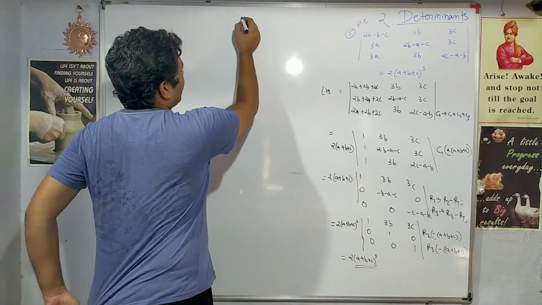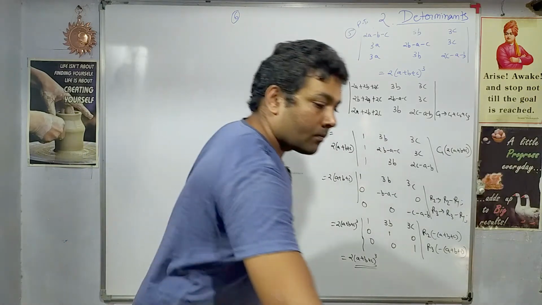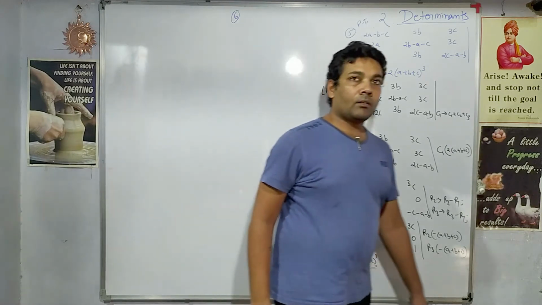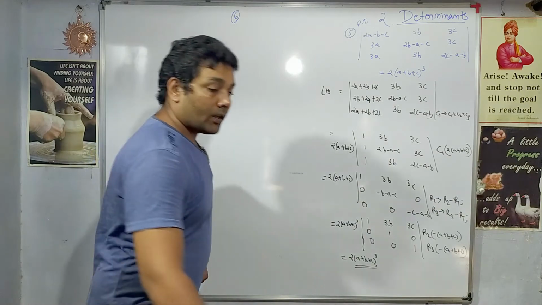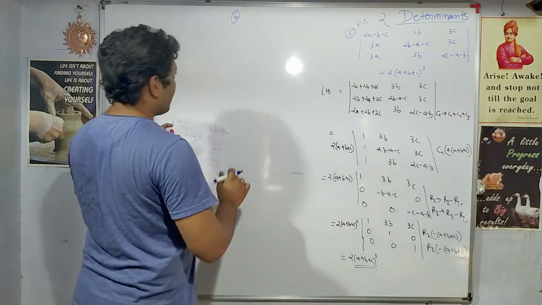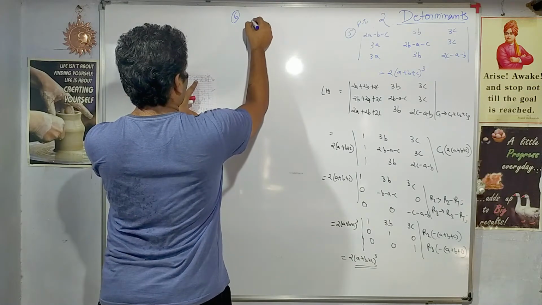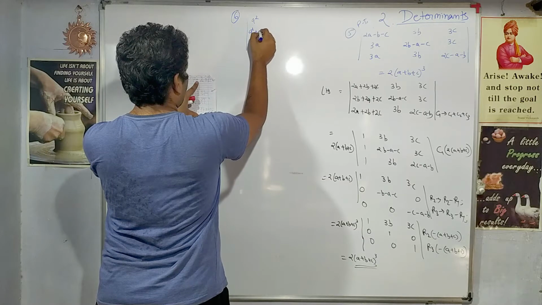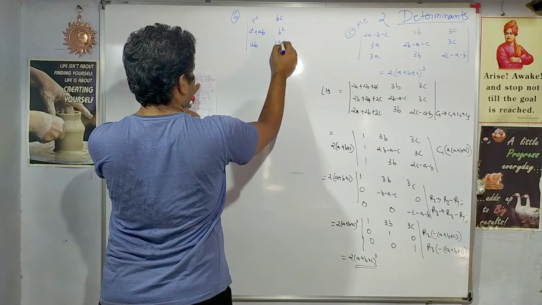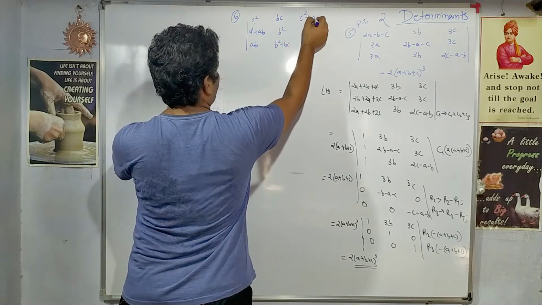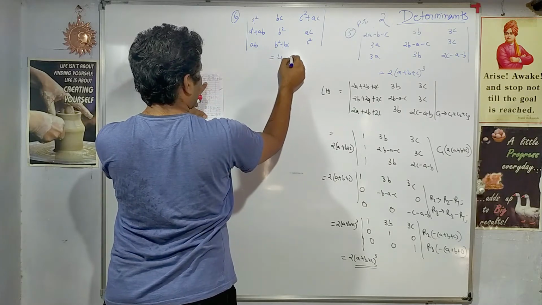Question number 6. It says: the determinant with rows (a square plus ab, ab, ac), (ab, b square plus bc, bc), (ac, bc, c square plus ac) is equal to 4a square b square c square.